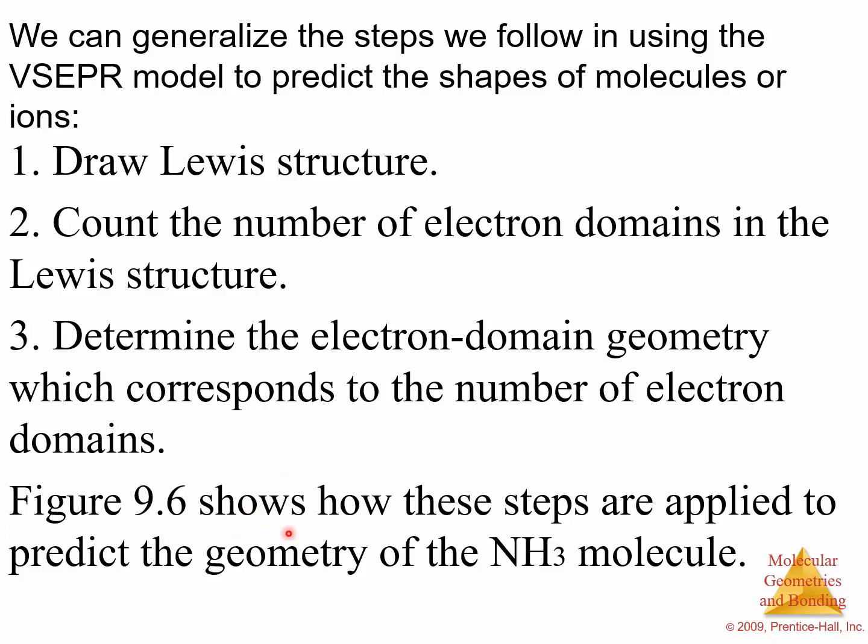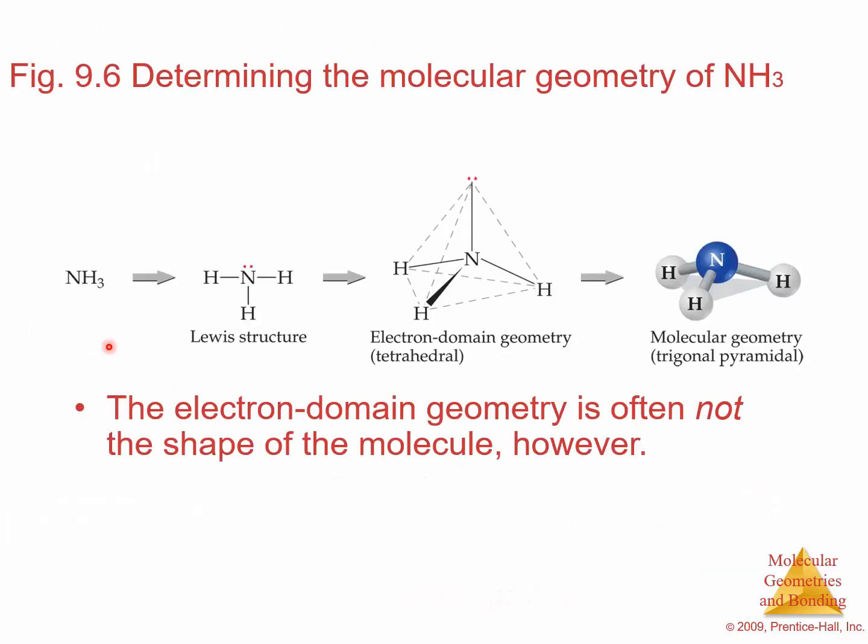Now, Figure 9.6 shows how these steps are applied to predict the geometry of the NH3 molecule. So again, draw the Lewis structure, determine the electron domain geometry, and it's tetrahedral. Then use the arrangement of bonded atoms to determine the molecular geometry, which is called trigonal pyramidal.